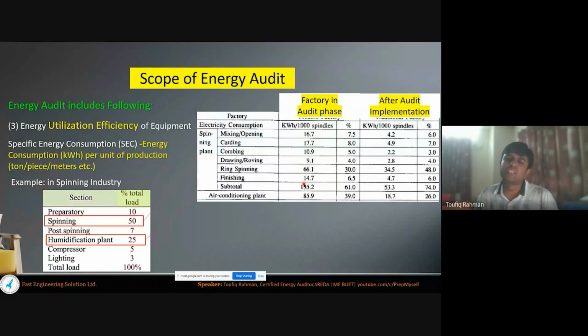These are the percentages, 30% is going to ring spinning. Ring spinning is a process, so you do not need to worry about it, but you see only the percentage here, that this 30% is going for ring spinning. So if energy auditing is in place, it says 48% from the ring spinning, and maybe something different.